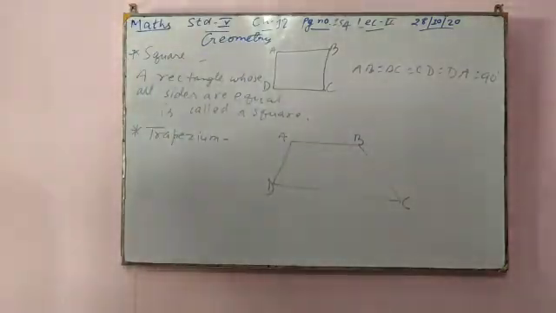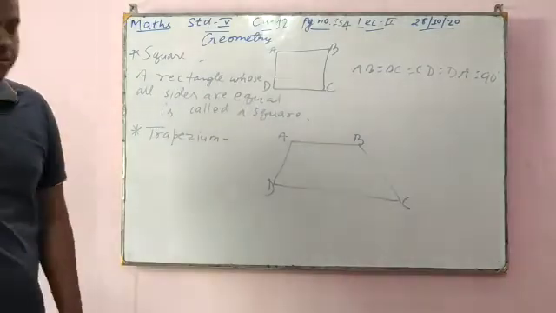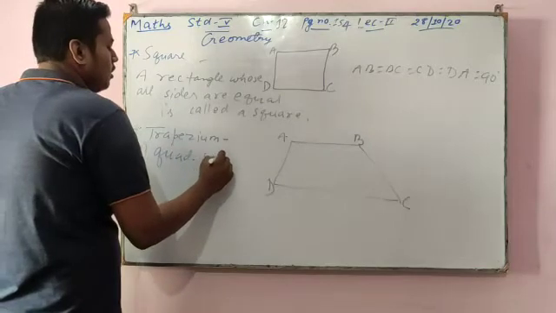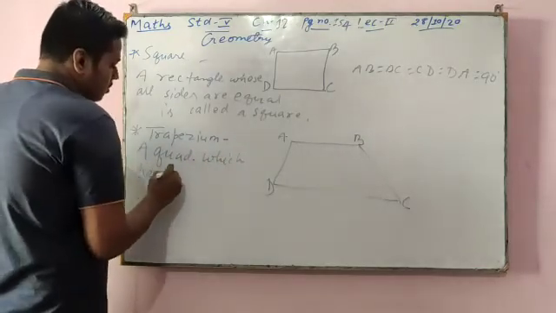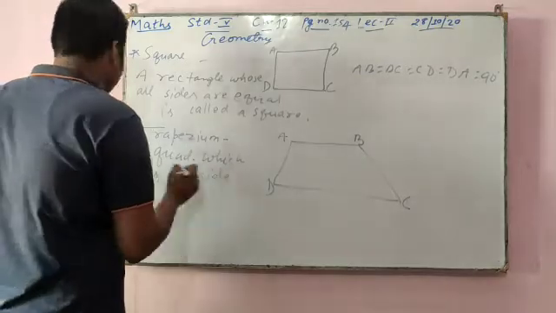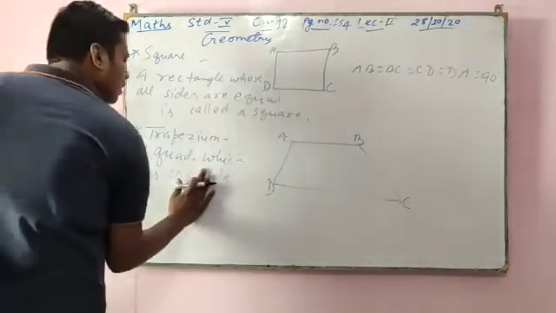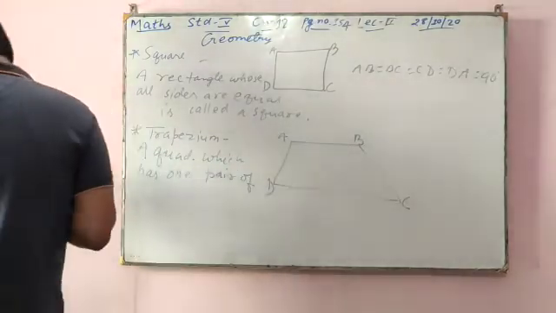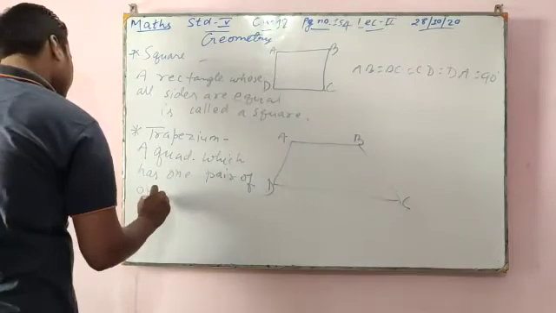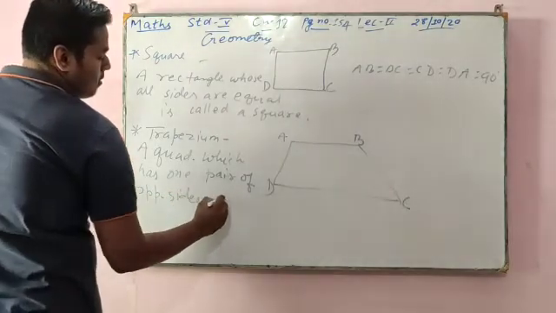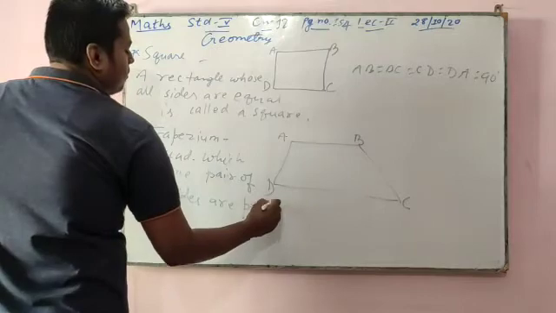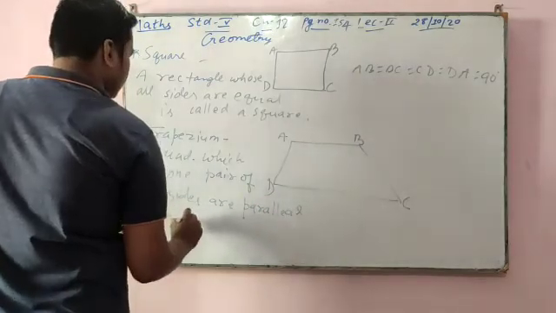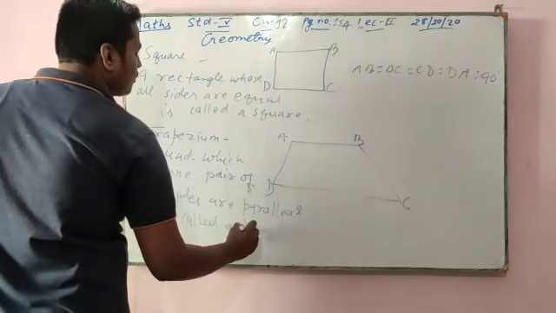A quadrilateral which has one pair of opposite sides parallel is called a what?